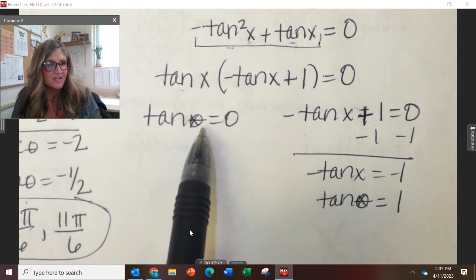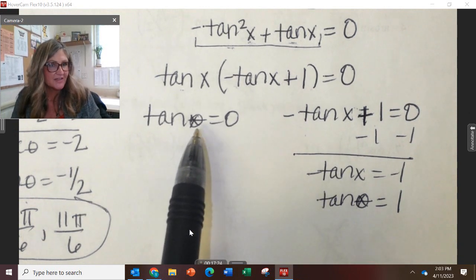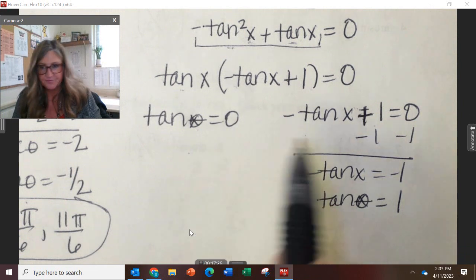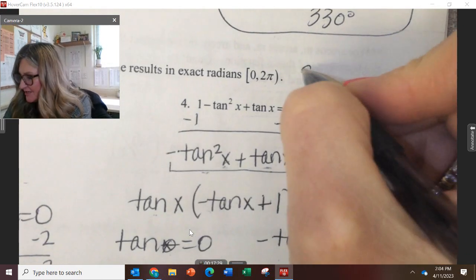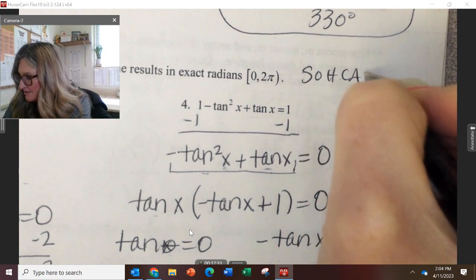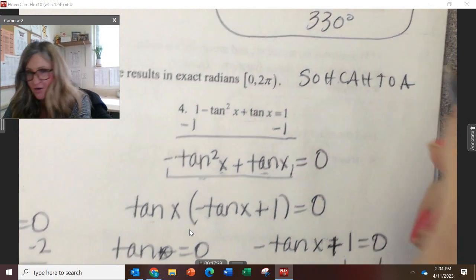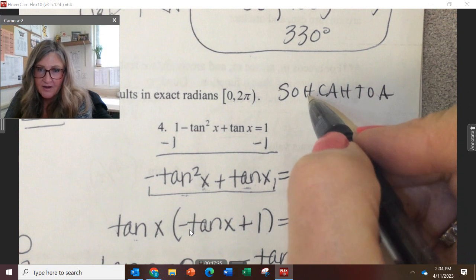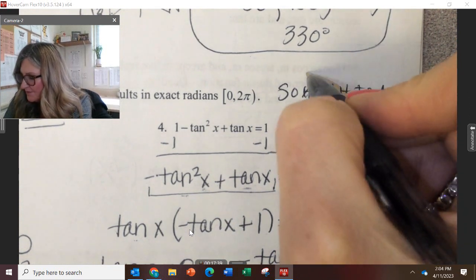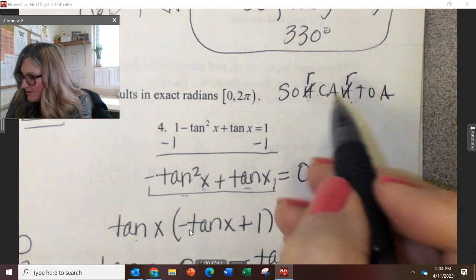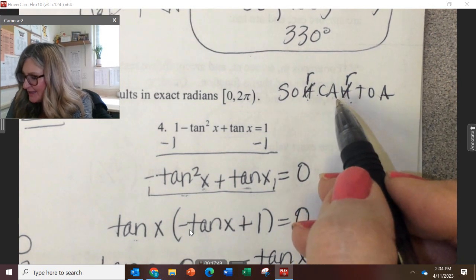What is tangent on the unit circle in terms of x, y, and r? Do we know it? Here's how you do it. SOHCAHTOA. You go all the way back to this if you don't know it. H is the same thing as what? The R. Alphabetically, A comes first.